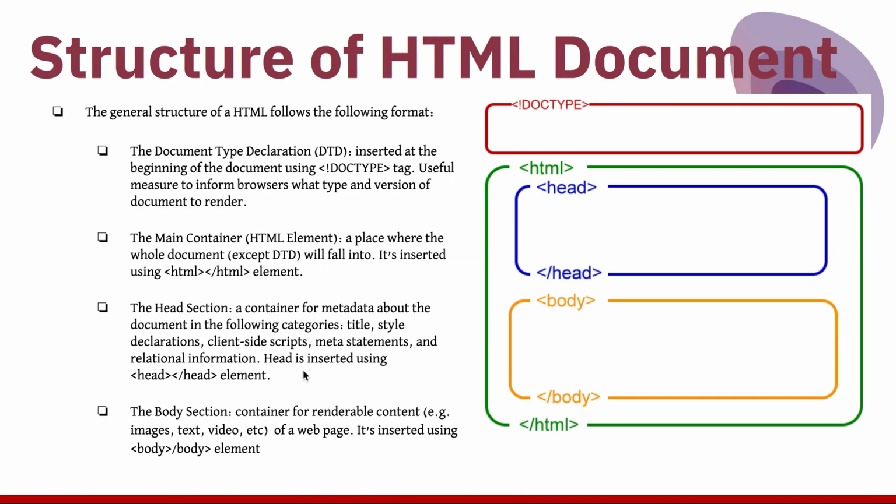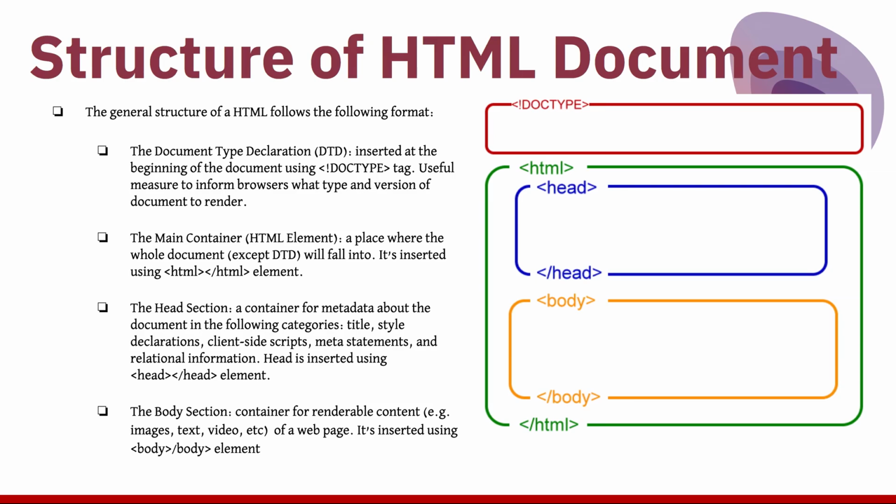What about the body? It is the container for renderable content. What this means is that anything that you see on a web page is actually in the body. Now, don't get confused about the head and the body. In the head, you can specify a lot of things, but the only thing that gets displayed is the title.